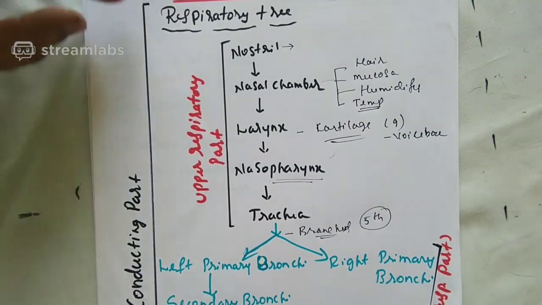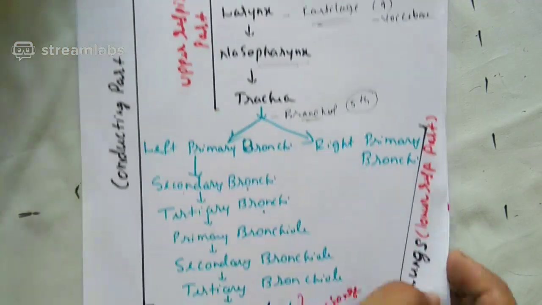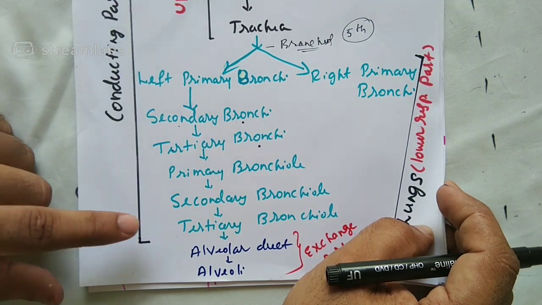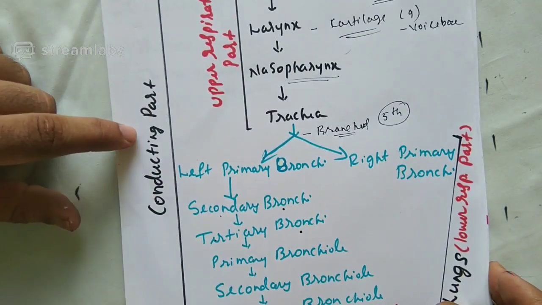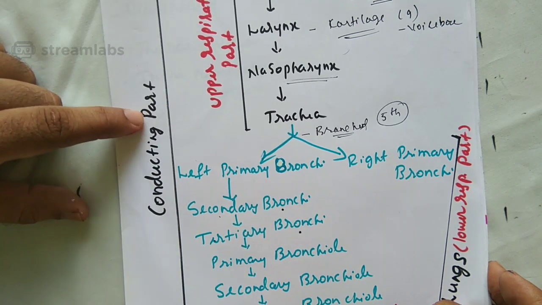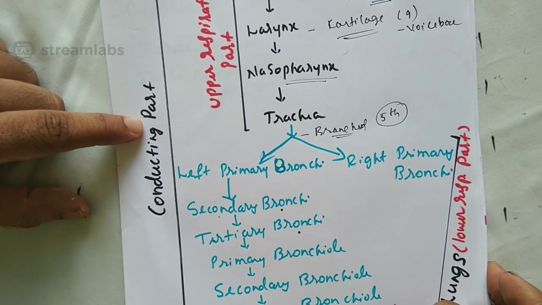See, students, from the nostril till the tertiary bronchi, it's called the conducting part. Function of the conducting part is to bring the air to the alveoli and to trap the dust particles as well as pathogens, humidify the air and bring it to the normal body temperature.